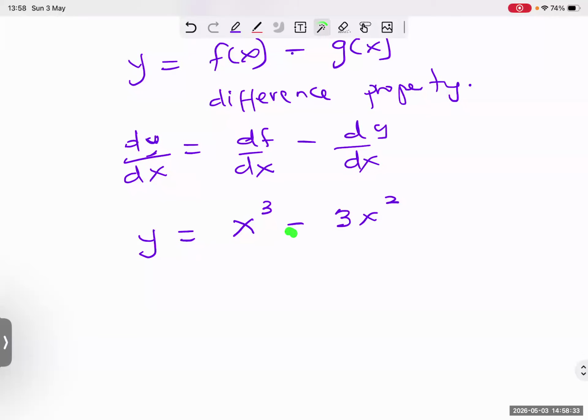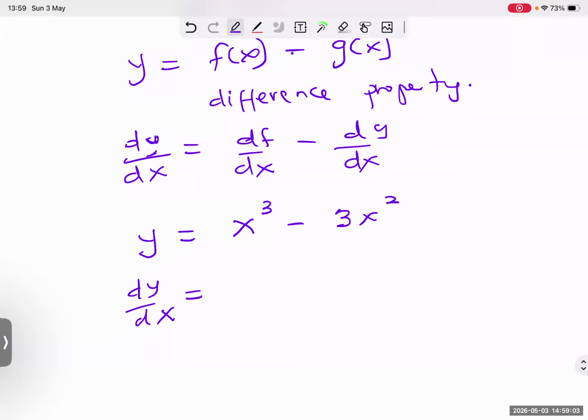The operator between them here is a subtraction operator, meaning we are going to subtract this from the first term, but we cannot subtract because the powers are not the same. Although the variables are the same, the powers are not the same. Therefore, we cannot simplify into one function. So we treat them as separate functions and differentiate using the difference property because the operator is the difference operator.